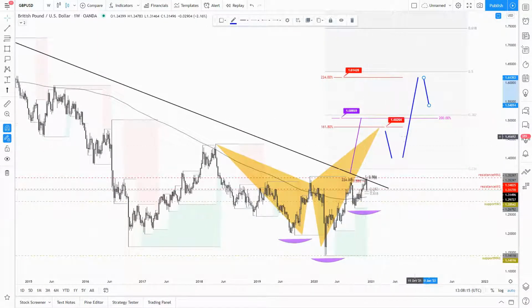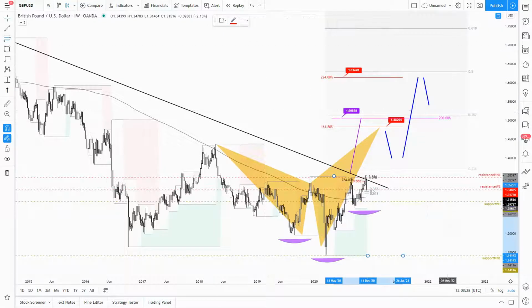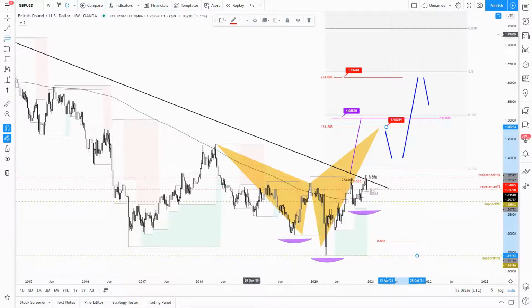Then I want to see the price finding some pressure and resistance, and the market should start to fall, completing the sequence for the bearish shark pattern. If you draw a Fibonacci from the previous structural lows, a monthly fractal support, to the completion point of the pattern, then we will search for the 50% Fibonacci retracement, which is a huge fall expected for the shark pattern.